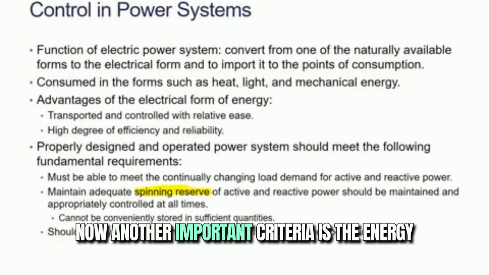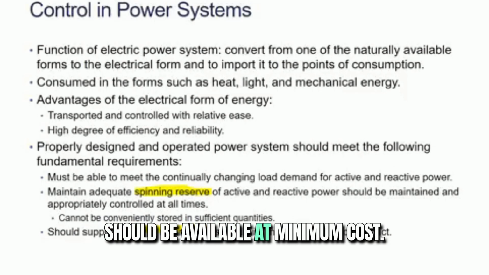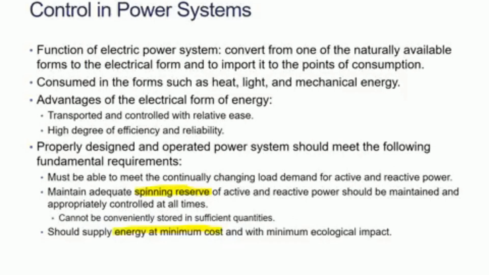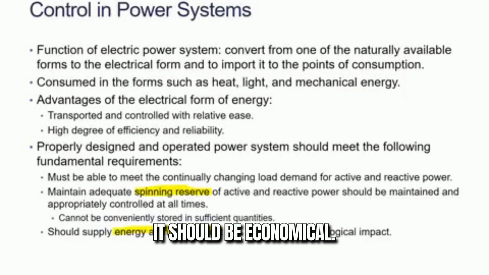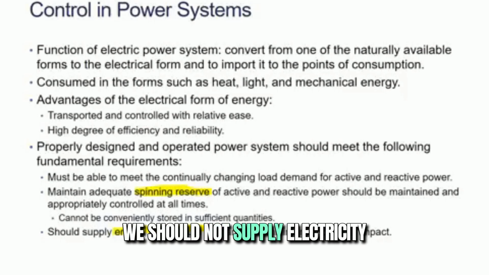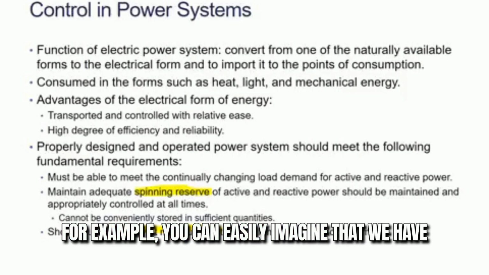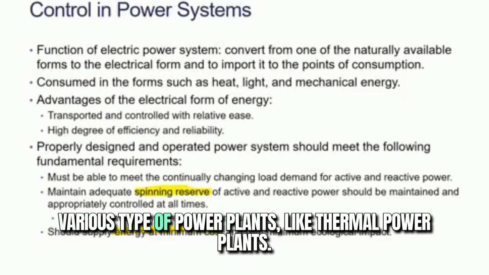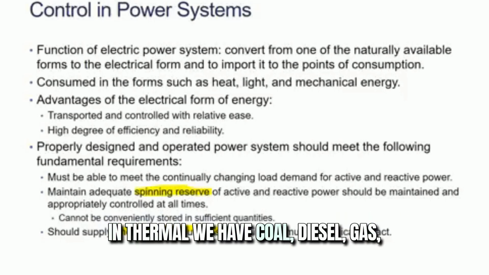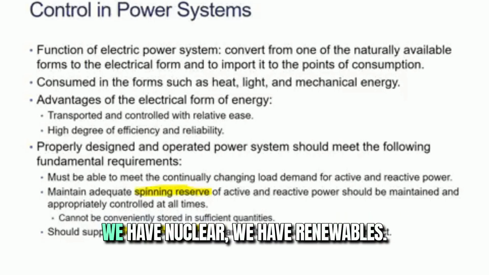Now another important criteria is the energy should be available at minimum cost. It should be economical. We should not supply electricity at an expensive rate. For example, you can easily imagine that we have various types of power plants, like thermal power plants. In thermal, we have coal, diesel, gas. We have nuclear, we have renewables.